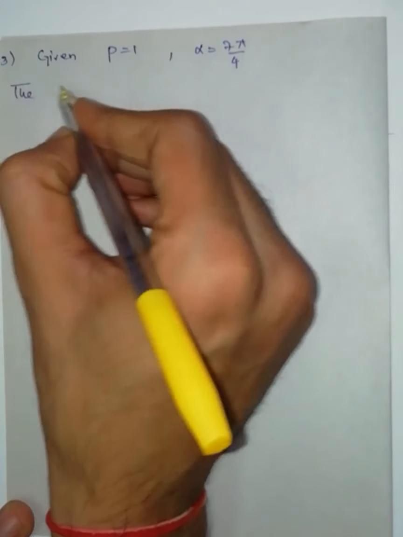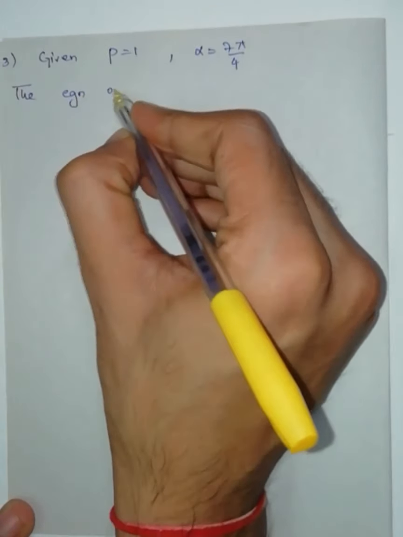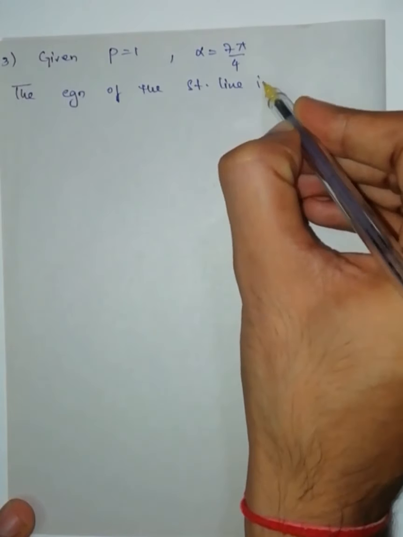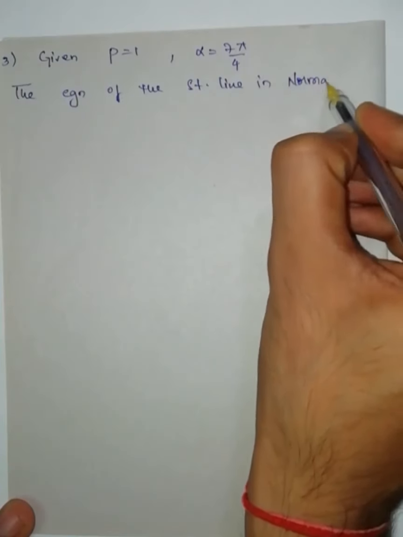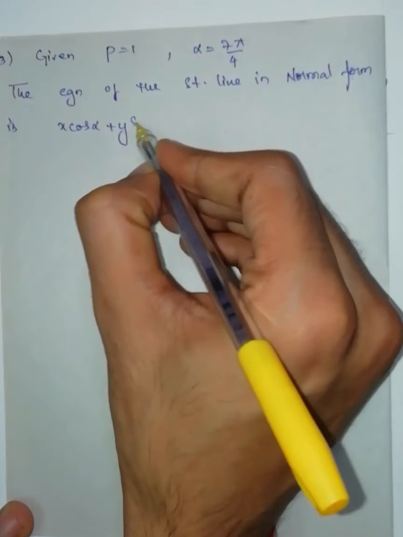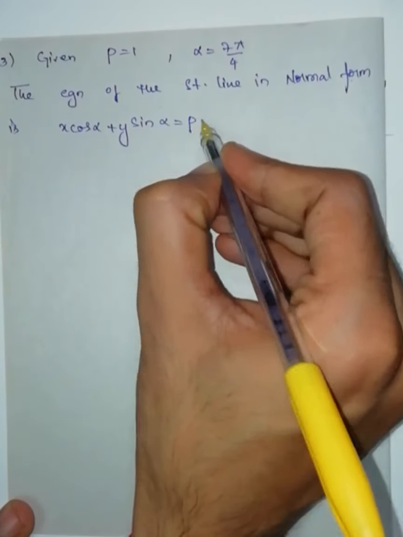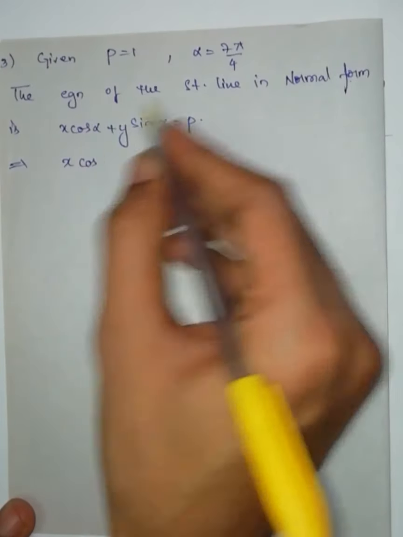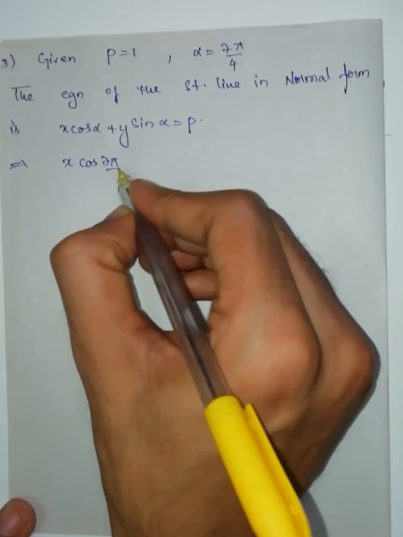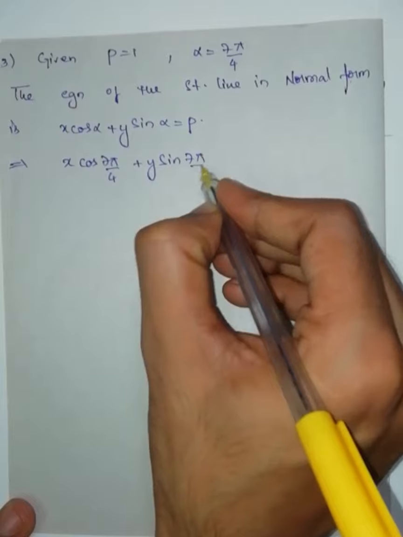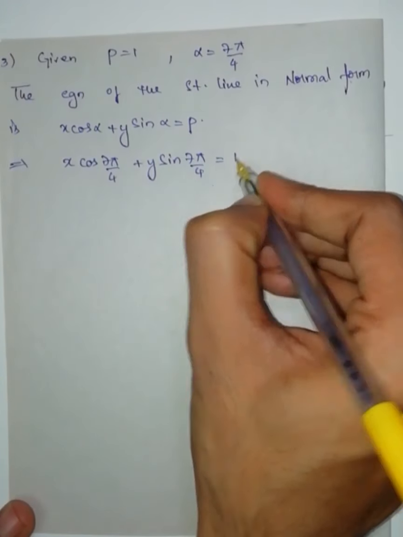The equation of the straight line in normal form is x cos alpha plus y sin alpha is equal to p. This implies x cos 7 pi by 4 plus y sin 7 pi by 4 is equal to p, whose value is 1.